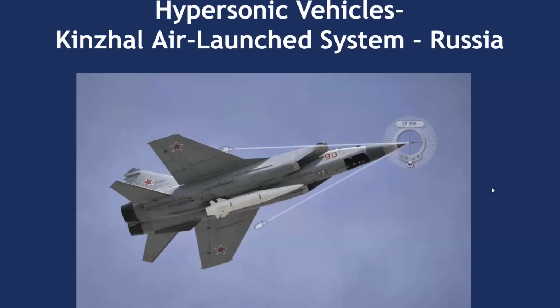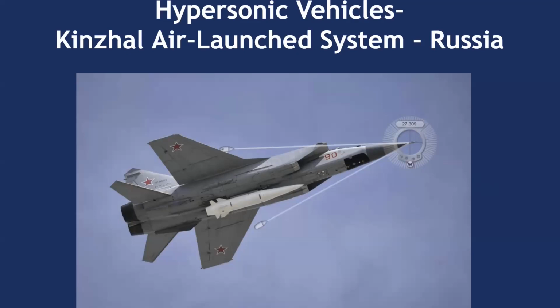So here's the Kinzhal air launch system that has been developed by Russia and has been used in the Ukrainian conflict. I think it's interesting to see that these require a propulsion system to get them started.